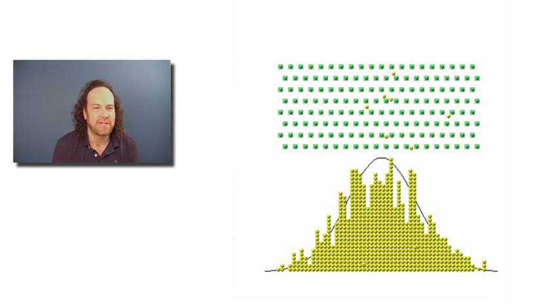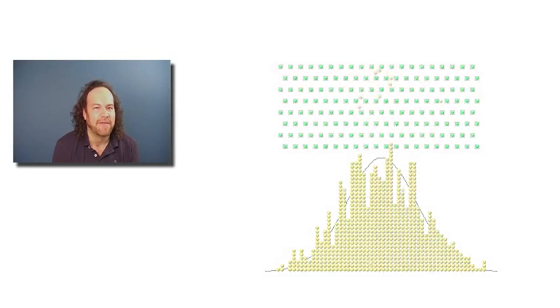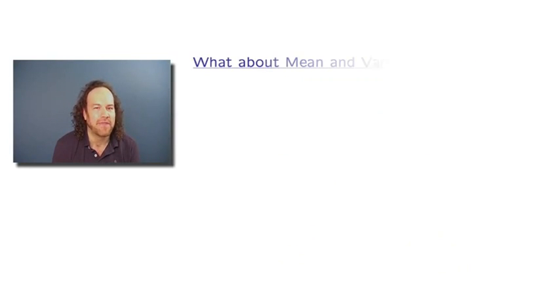Now, these results can be understood a little bit better if we remember what we learned about the mean and variance of probability distributions in previous lectures.